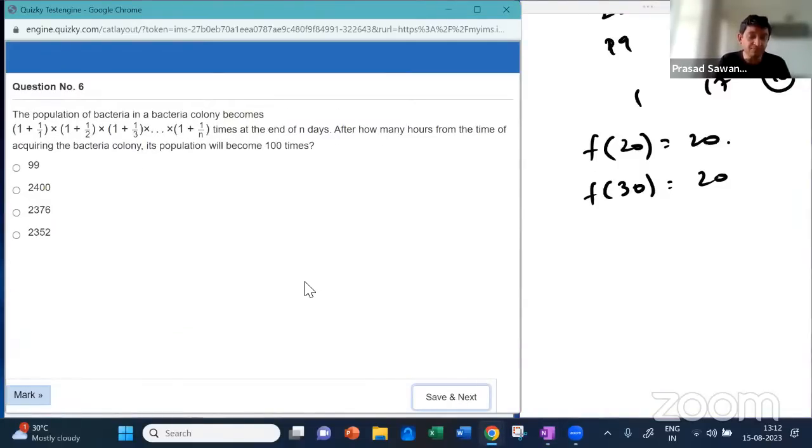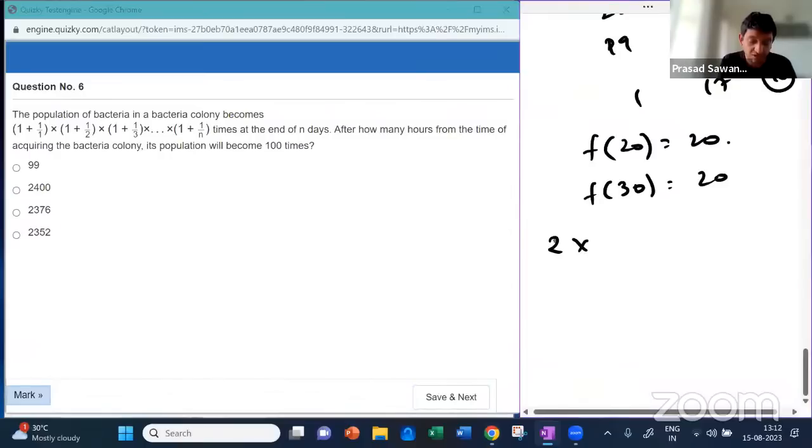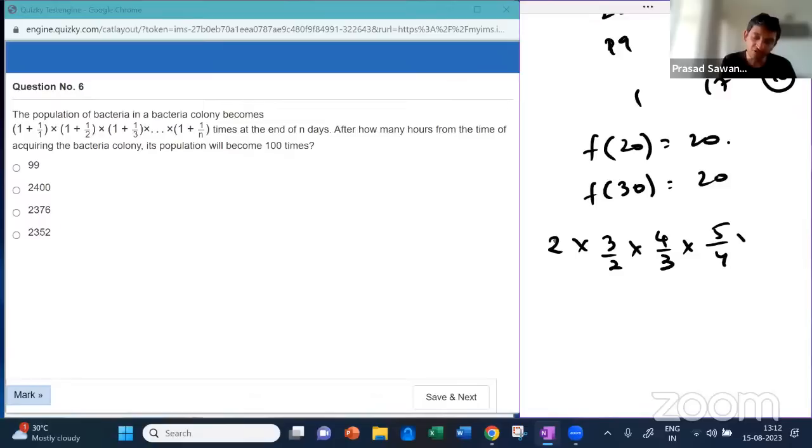Population of bacteria in a colony becomes 1 plus 1 by 1, 1 plus 1 by 2, 1 plus 1 by 3, 1 plus 1 by n. After how many hours will its population become 100 times? Acha. So 1 plus 1 by 1, 2 into 3 by 2 into 4 by 3 multiplied by, I'm assuming it's 5 by 4 multiplied by 6 by 5 and so on.